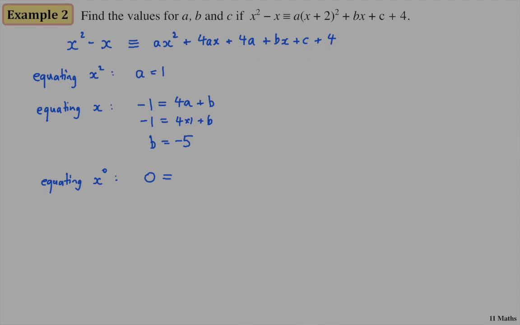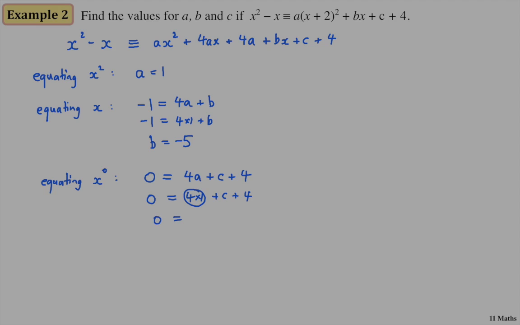So we get 4a plus c plus 4. But we know that b is minus 5 and a is 1. Well, we don't need the b, but we can use the a, which will give me 4 lots of 1, or just 4.